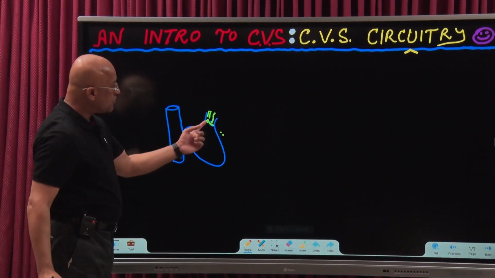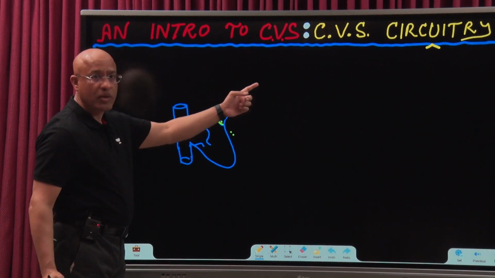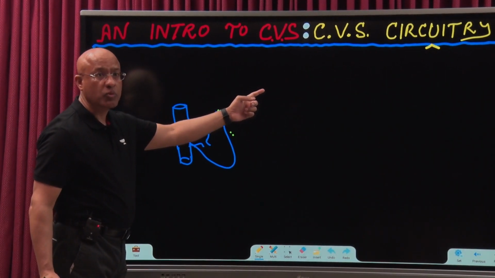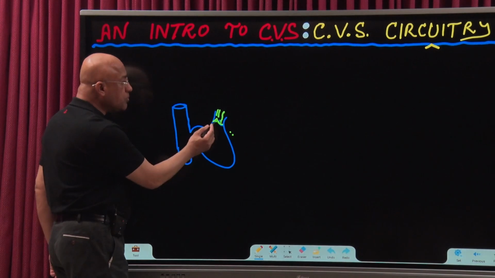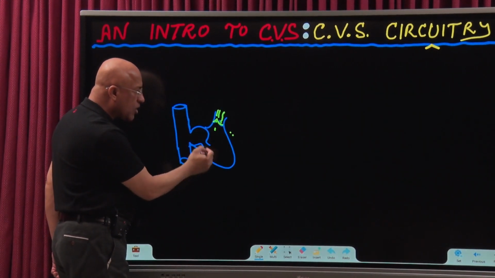From the pulmonary valve and beyond, we are moving into the pulmonary vasculature. But who is pumping the blood into the pulmonary system? That is the right ventricle.